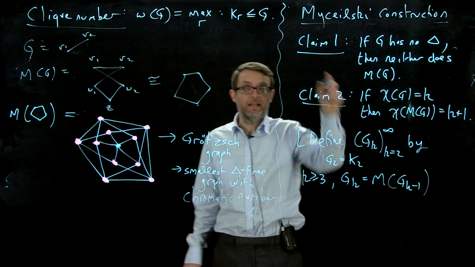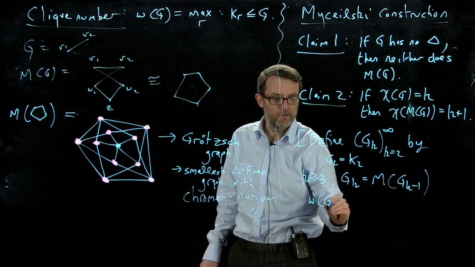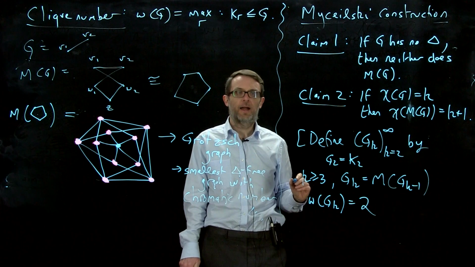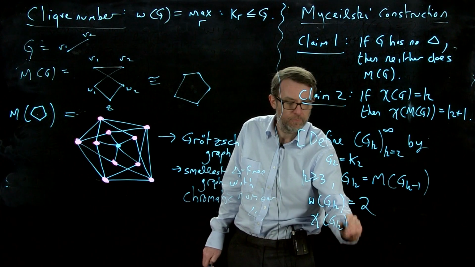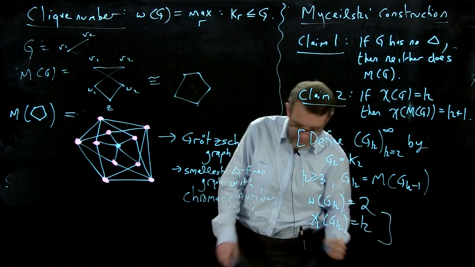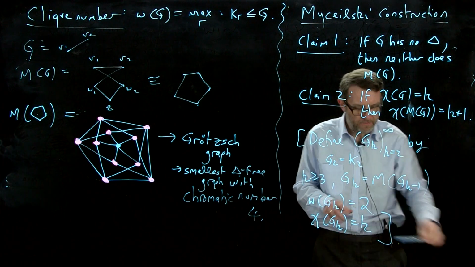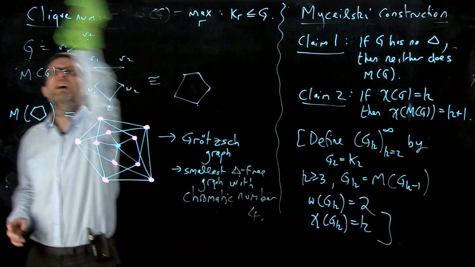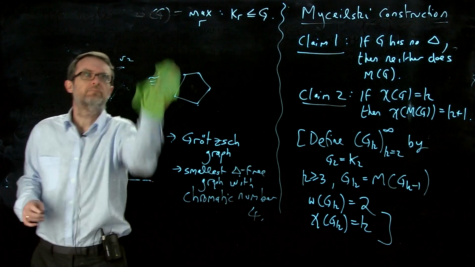And by claim 1 and claim 2, we have the two facts that the clique number of G_k is 2, and the chromatic number of G_k is exactly k. So these two claims are just what we need to prove the result that I claimed a little while ago. First of these two claims, that's nice and easy.